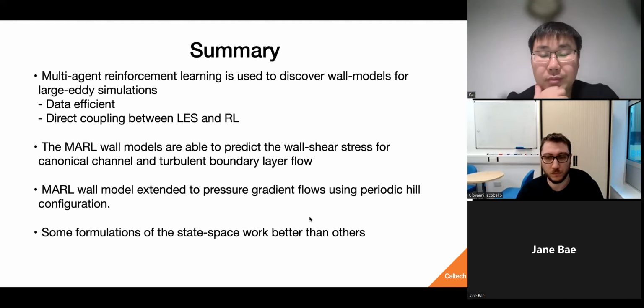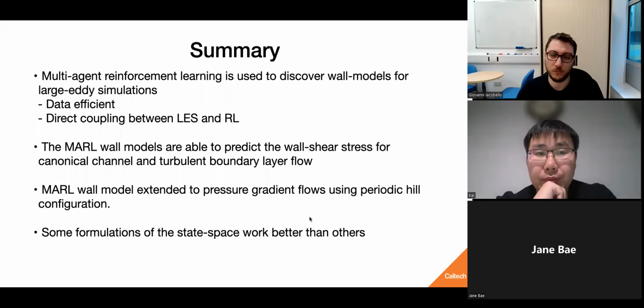The unsteadiness actually becomes more important when you have a separated flow or a pressure gradient driven flow, and we're still working on how to improve the model. But for now, the state of the art is using just the fixed law of the wall, and that's it. So again, there's a lot of improvement that we can do, but we're hoping to do it step by step.